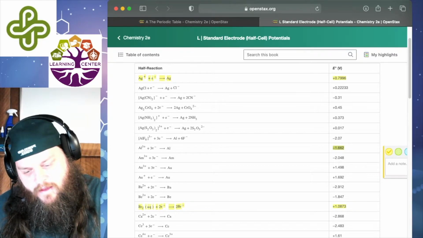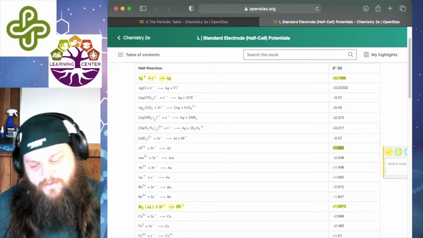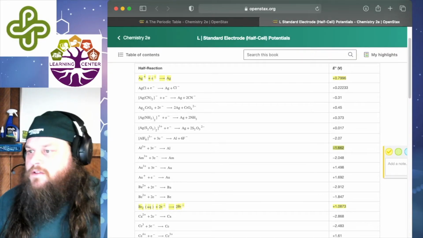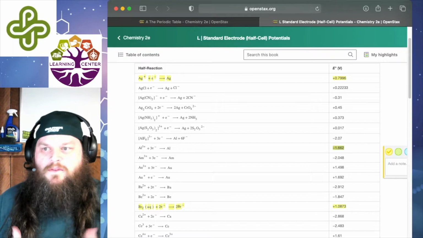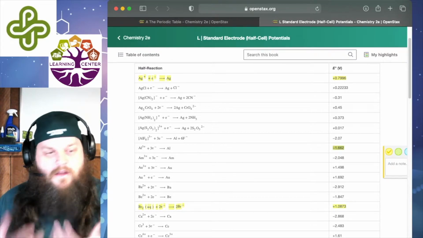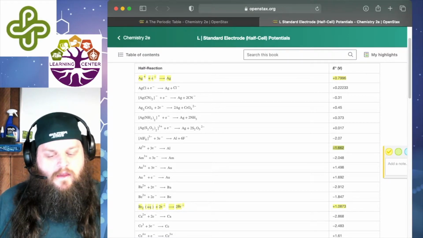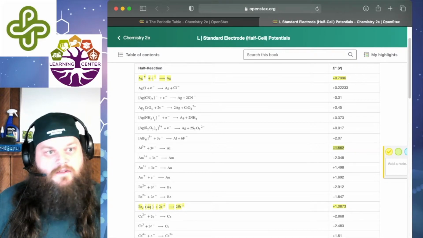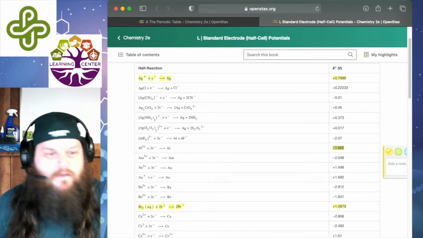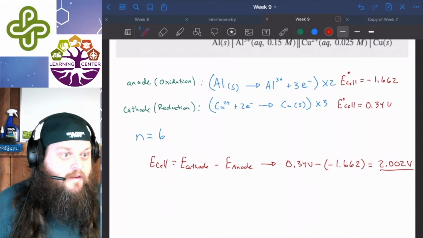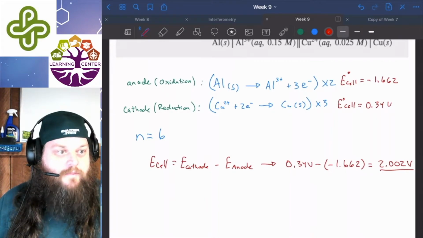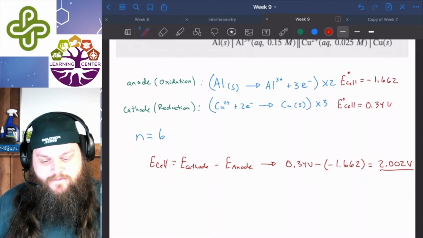So we've gotten that one. We found that, so we can find our Q value now. Just looking for our Q. Well, we know that Q is going to be the concentration of the products divided by the concentration of the reactants. Oops. Switch back to my iPad there. So you can see I added up those values there and found our cell potential.